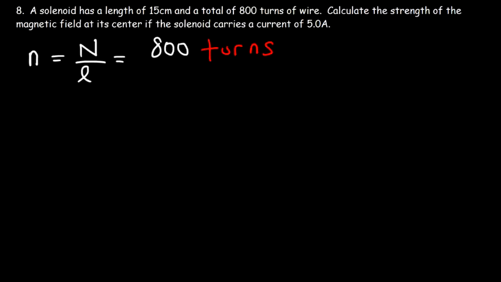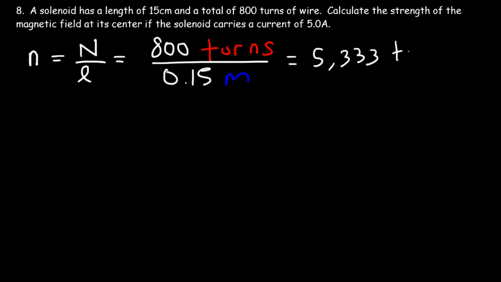But we need to convert that to meters. So let's divide by 100. 15 divided by 100 is 0.15, or 0.15 meters. So 800 divided by 0.15, that's equal to 5,333 turns per meter, or loops per meter.